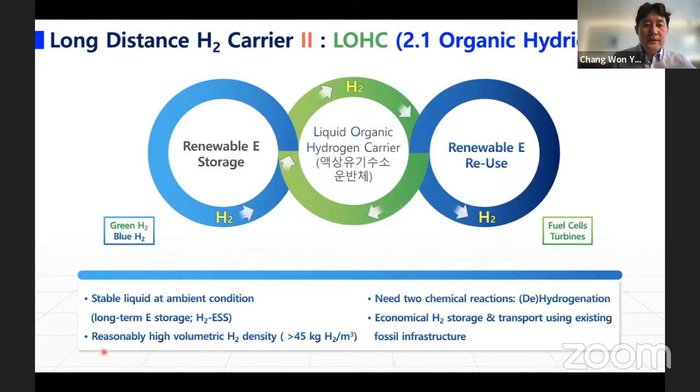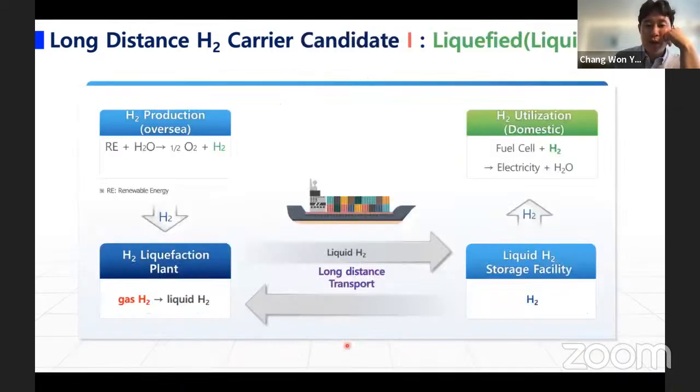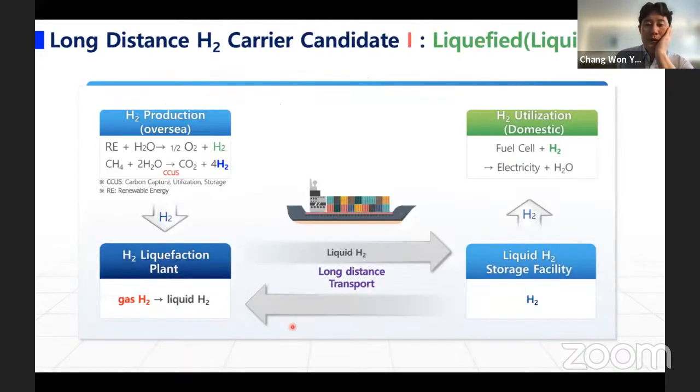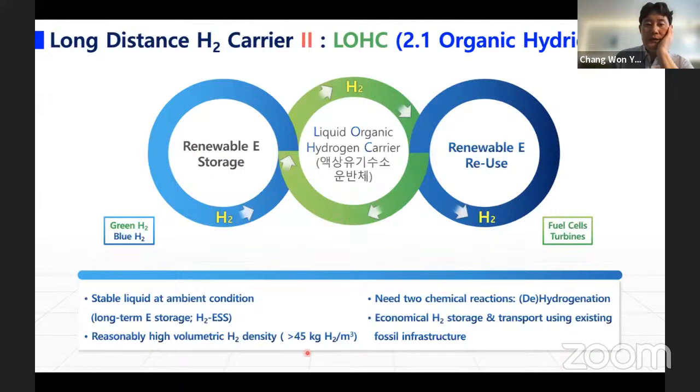And it has a reasonably high volumetric hydrogen storage density. Over 45 kilograms of hydrogen can be stored in 1 cubic meter, which is smaller than liquefied hydrogen, right? For liquid hydrogen, the volumetric hydrogen storage density is about 70 kilograms per cubic meter. But in the case of LOHC, it's about 45.